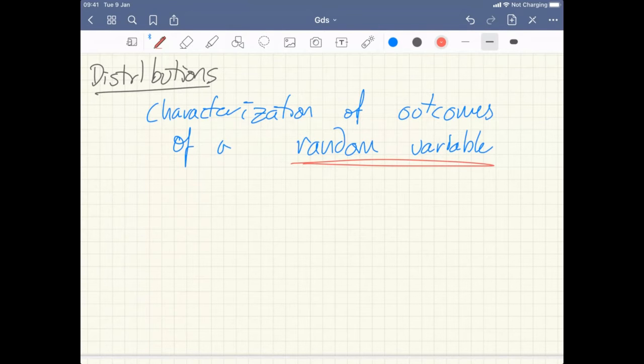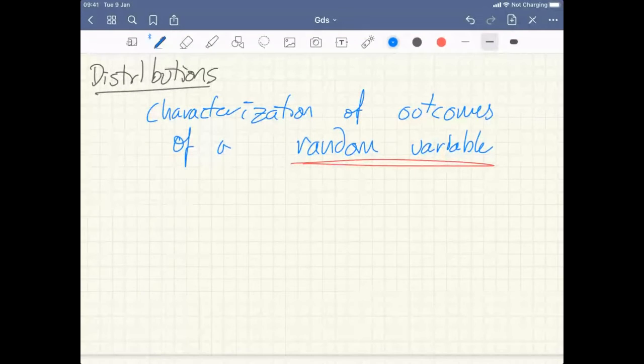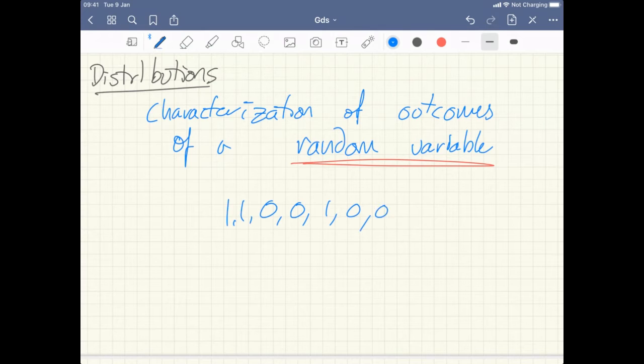Okay? So the last time in class, we talked a little bit about flipping coins. And we talked about representing the outcome of a bunch of coin flips as a sequence that maybe looked something like this, where 1 means that we got heads and 0 means that we got tails. So in this language, this is a set of observations of a bunch of random variables. We might denote x.